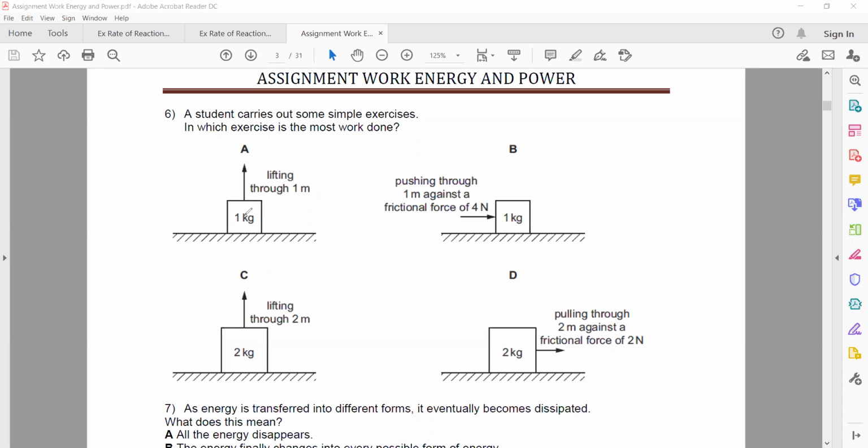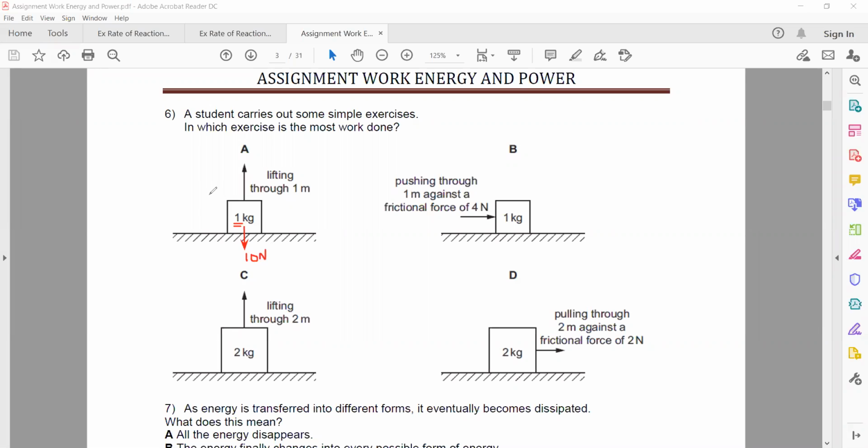In this example, an object of mass 1 kilogram is there and you are lifting it up. If mass is 1 kilogram, what will be the weight of the object? It'll be 10, so it's a 10 Newton object.